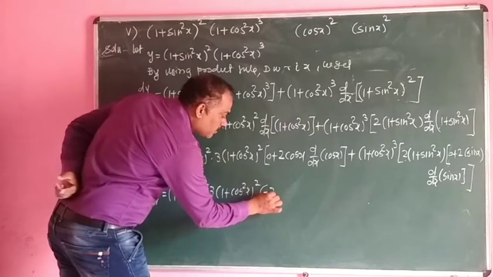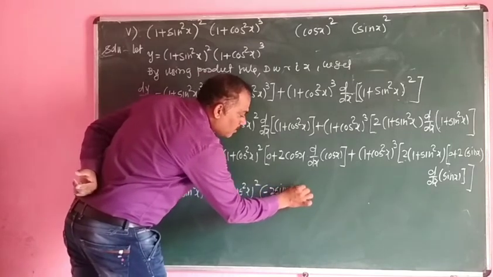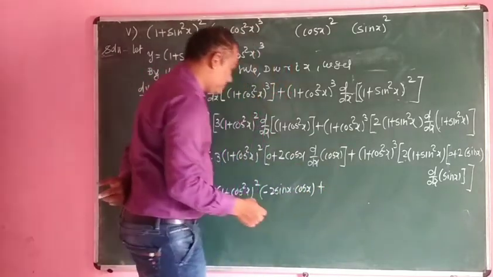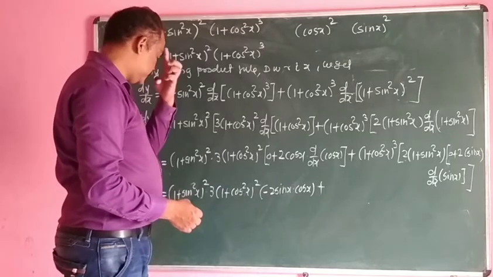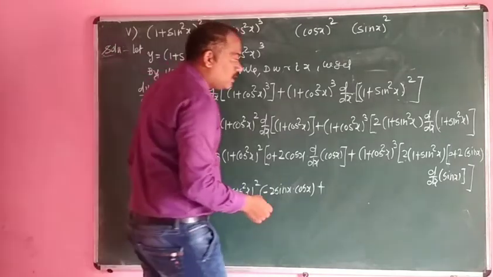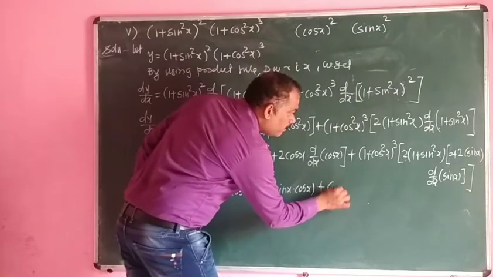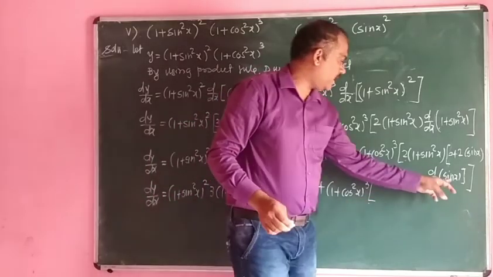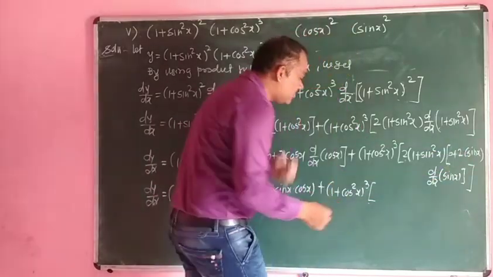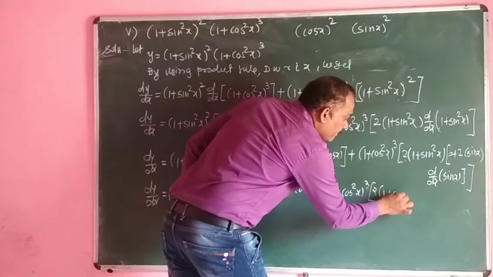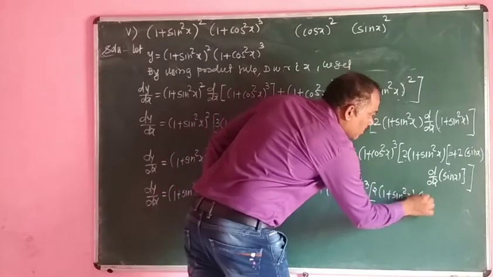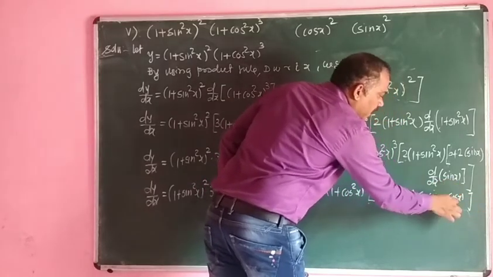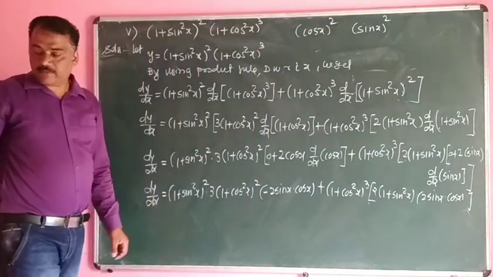Totally we can write minus 2 times sin x into cos x, plus this one as it is, that is [1 + cos²x]³ into, what is the derivative of sin x? Cos x, into this one, so that we get 2 times [1 + sin²x] into 2 times sin x into cos x. Derivative of sin x is cos x. Now simplify further.